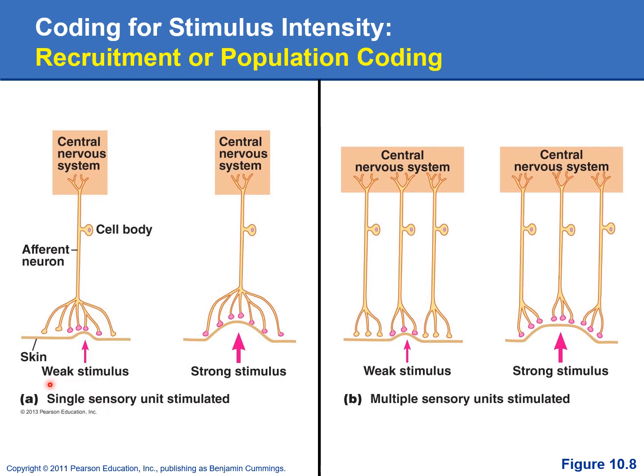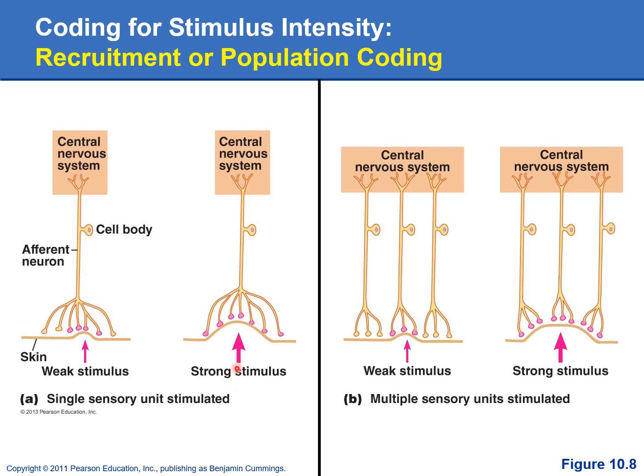So if we've got a weaker stimulus, when we push on the skin, for example, we might only activate these 4 receptors on the sensory neuron, and maybe we're going to be opening up just those ion channels there, and we can add up those receptor potentials and send some action potentials up to the cerebral cortex from there.